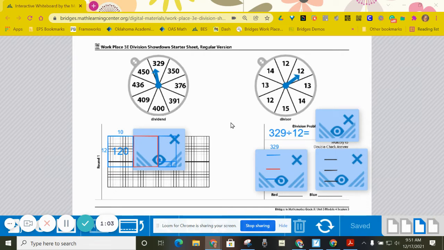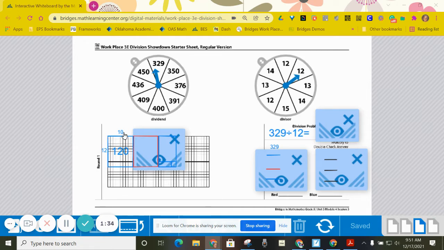The first player is going to record in their color of marker or pencil a rectangle that is 10 times the divisor. So in our case, it would be 10 times 12. On our grid, we are going to make a rectangle that is 10 units wide, and then whatever the divisor is, that many units long.